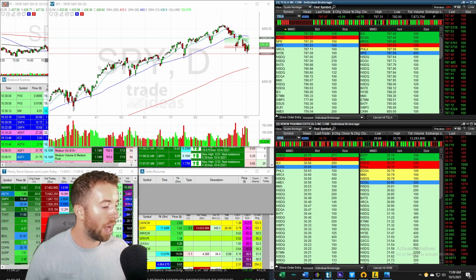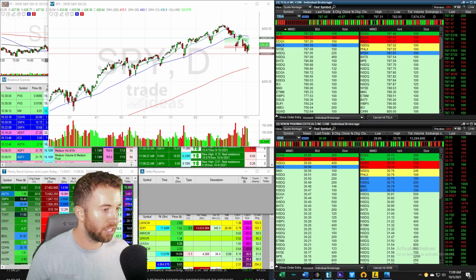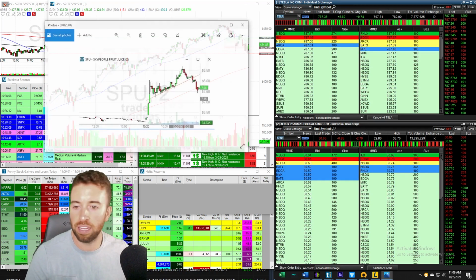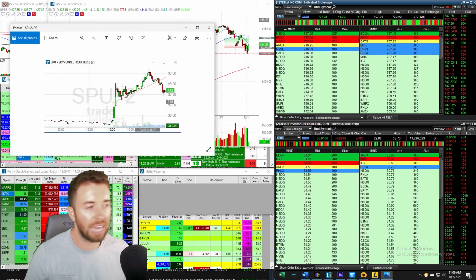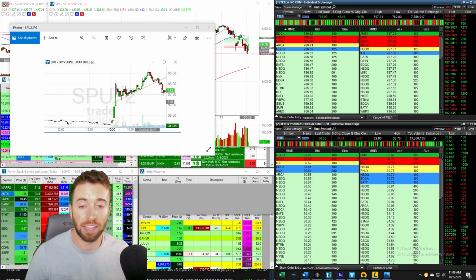Now, why do I call it the flexible trend line? Well, let's just take a look at some trend lines. When we look at trend lines, anything on the top side is considered bullish. Anything on the bottom side is considered bearish.